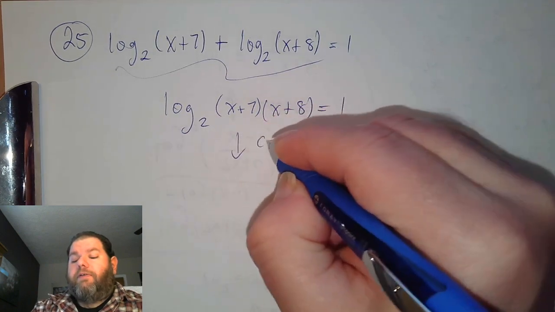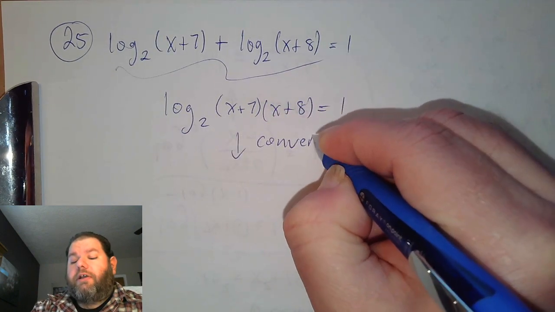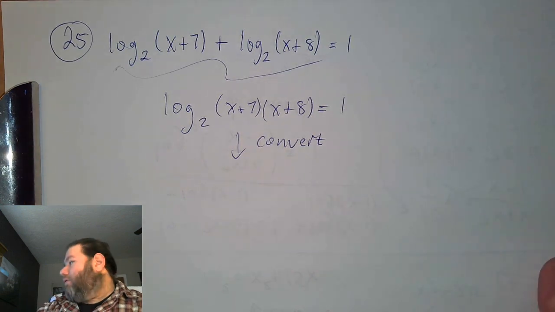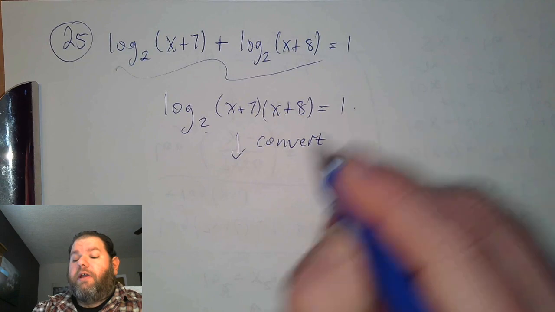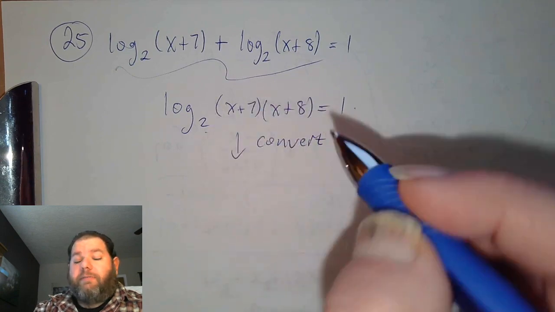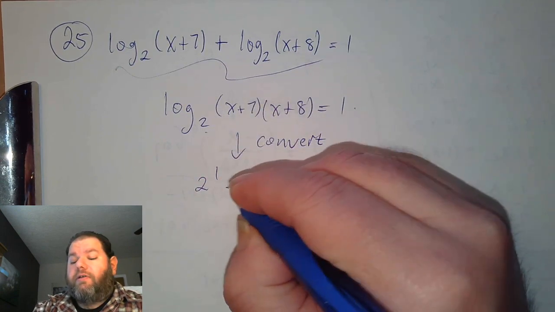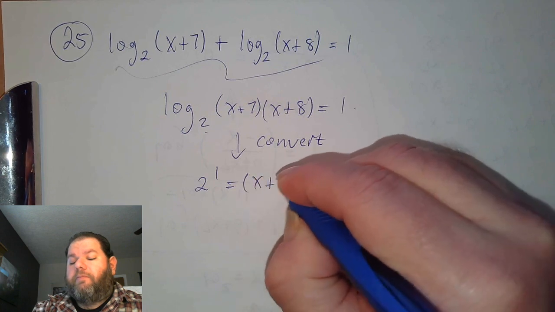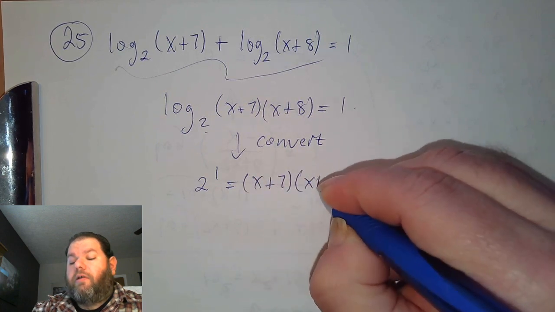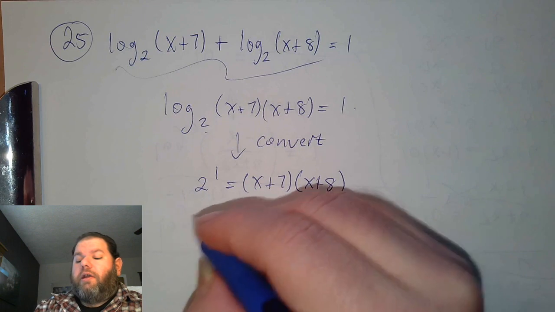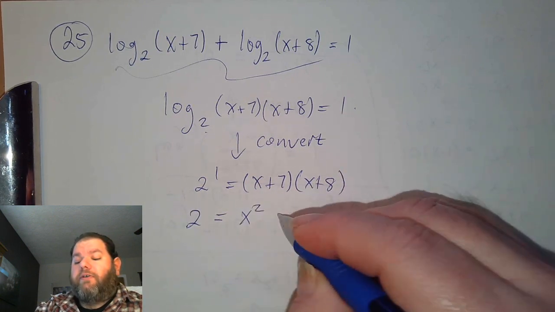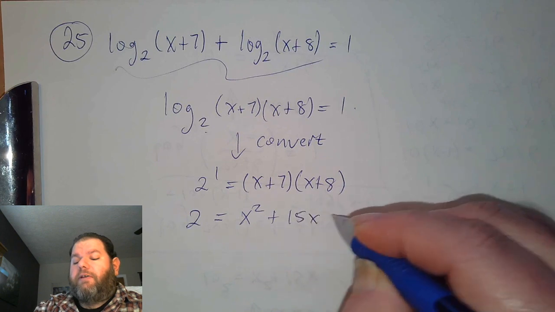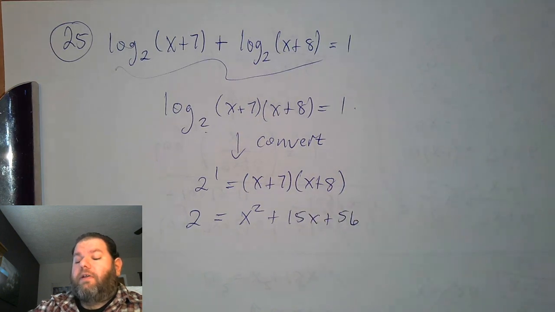The next step is to convert, since we have log equals a number, convert it to exponential form, so that'll be 2 to the first equals x plus 7 times x plus 8. Now 2 to the first is just 2, and we go ahead and FOIL this out. It's x squared plus 15x plus 56.